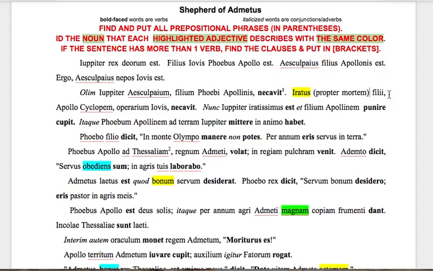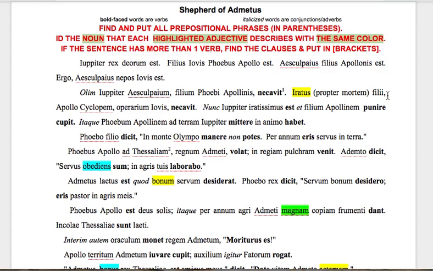You may not be able to determine that until you read the entire sentence. So for right now, since it's not clear whether filii goes with mortem or filii goes with Apollo, remember that the genitive is either going to work with the noun that comes immediately before it or the noun that comes immediately after it.